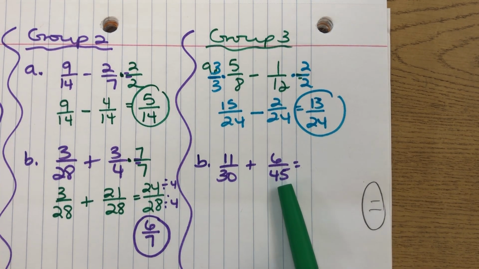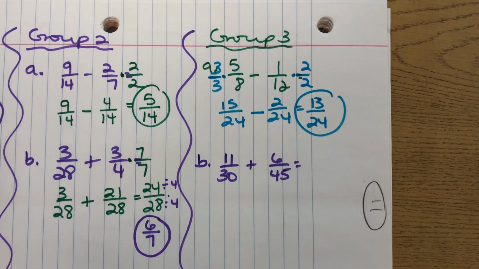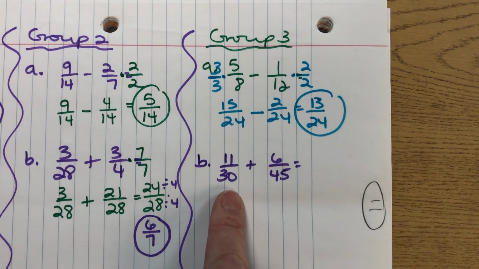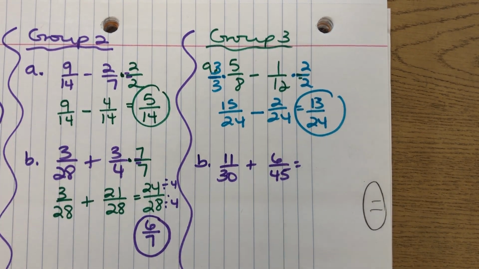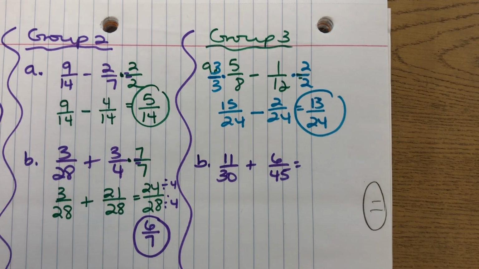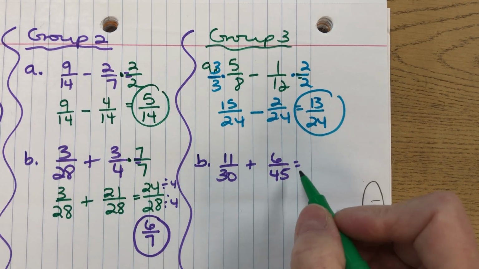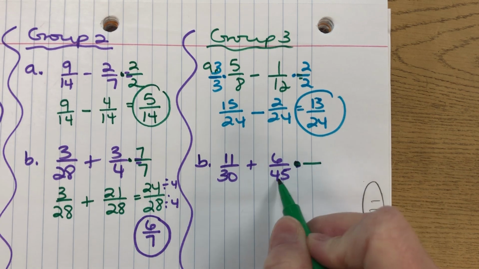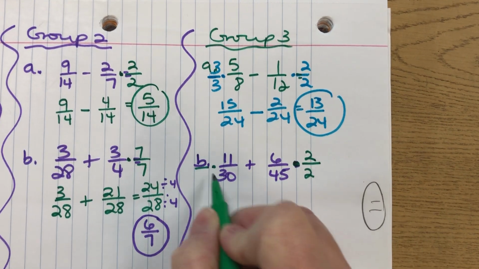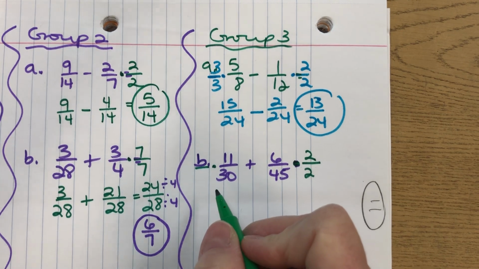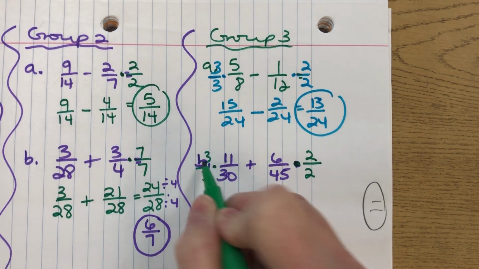Well, 45 plus 45 is 90. And if I count by 30, 30, 60, 90, I can get there. 90 is the first number they'd have in common if you counted by them. That's going to be my denominator. In order to make 45 90, I would have to multiply it by 2. And in order to make 30 90, 30, 60, 90, I would have to multiply by 3.